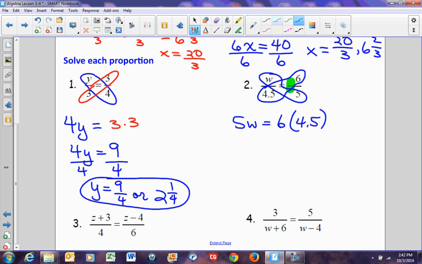But I've got a negative 6, so I better put that in there. So I have 5w equals negative 6 times 4.5, which is negative 27. Now I'm going to divide both sides by 5. So w equals negative 27/5.